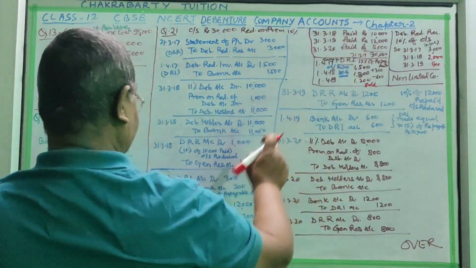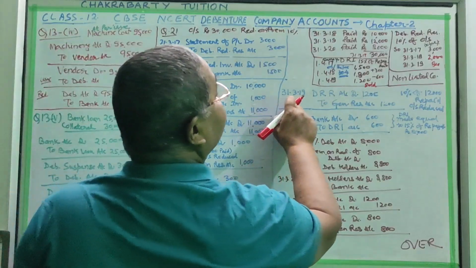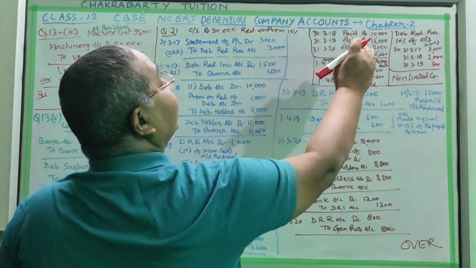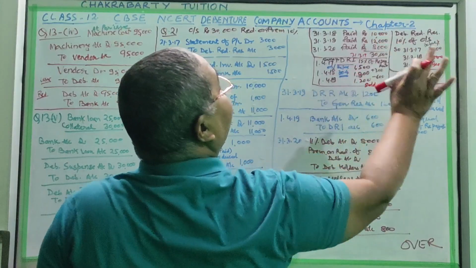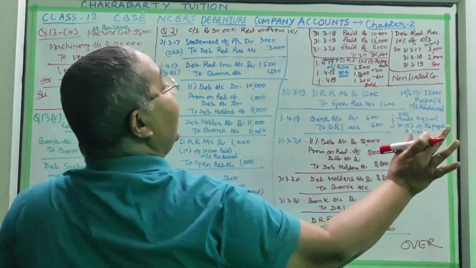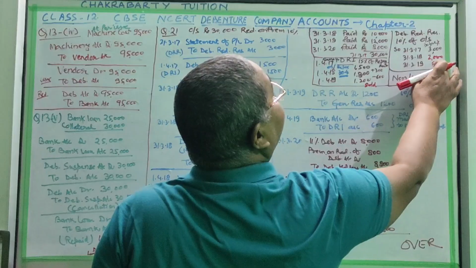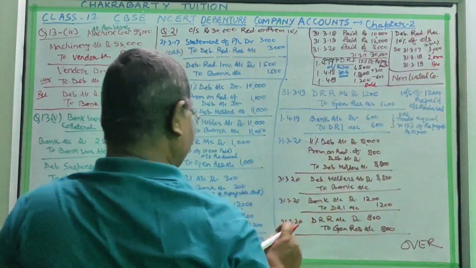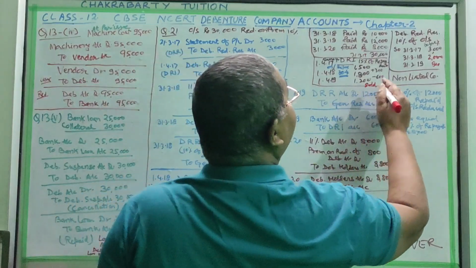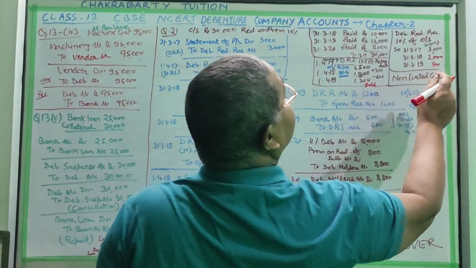Now on the same day 31/3, you see now outstanding has again reduced by 12,000. Only 8,000 outstanding is remaining. It means you require only 800 rupees in the debenture redemption reserve account, whereas you already have an excess balance.